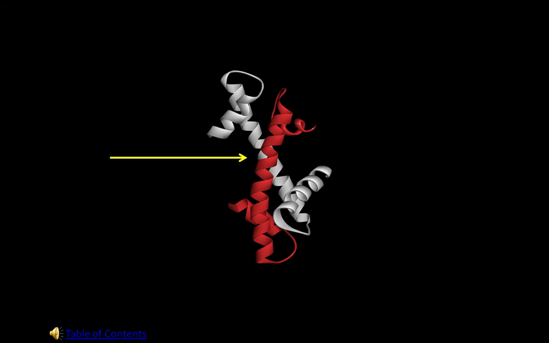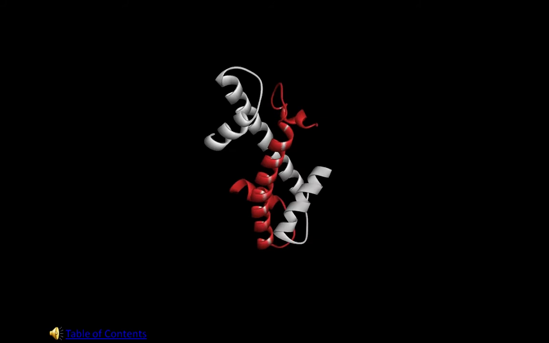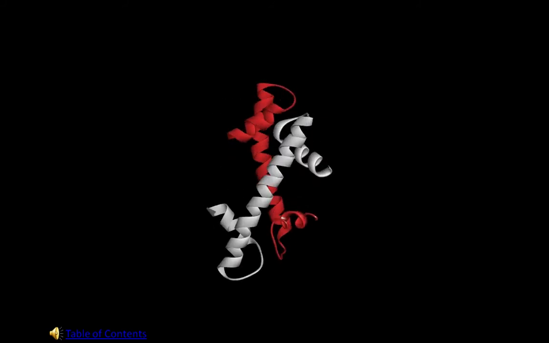Now let's flip the dimer on its twofold axis. Now the long central helix of the other subunit, H4, the red subunit, is underneath, and its short helices are now pointing slightly toward the rear. The approximate twofold axis is therefore clearly demonstrated.